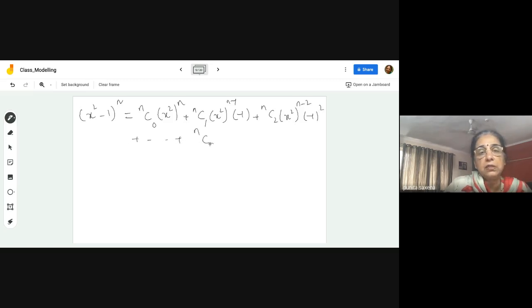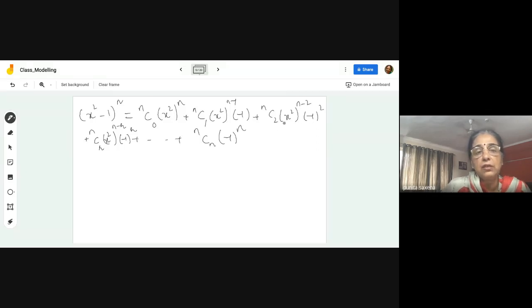The last term is going to be nCn minus 1 to the power n. Is that right? In between, can you write a general term also? Isn't it going to be something like nCr x square to the power n minus r, minus 1 to the power r?